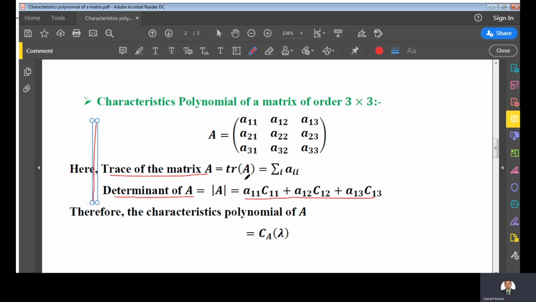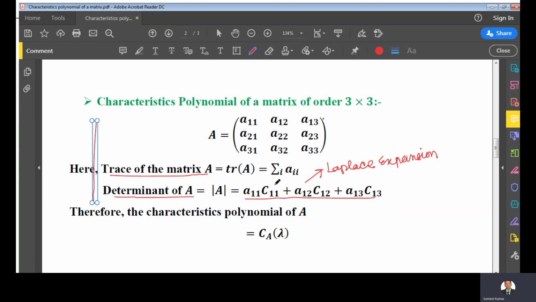I already discussed in a video how to find the determinant easily. Here you can use another method called Laplace expansion, through which you can easily find the determinant, expanding the matrix along any row or column.